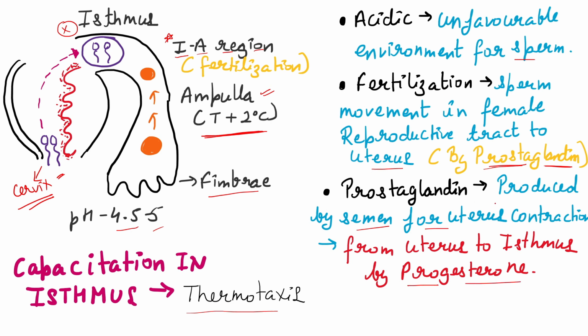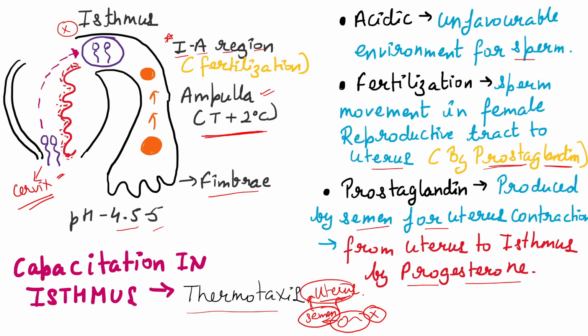So in order to reach the uterus, so here is the thing, what happens is that these are sperm which are inactive. Now how will they reach to the uterus? So sperm are mixed with semen, and semen secretes prostaglandin. Prostaglandin will help them to reach till the uterus.